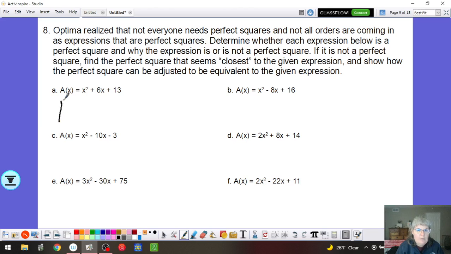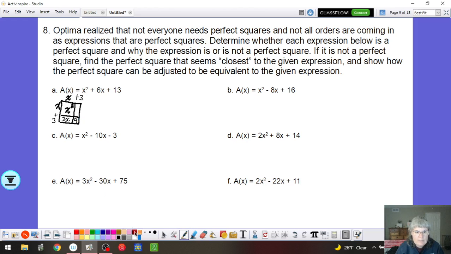If we draw a diagram for this, we have the x squared, that is going to be x by x. And we need to divide that 6 evenly between these two rectangles, and half of 6 is 3. So that each rectangle is going to represent 3x. And when we look at the units, we have a 3 by 3, which is going to give us 9.